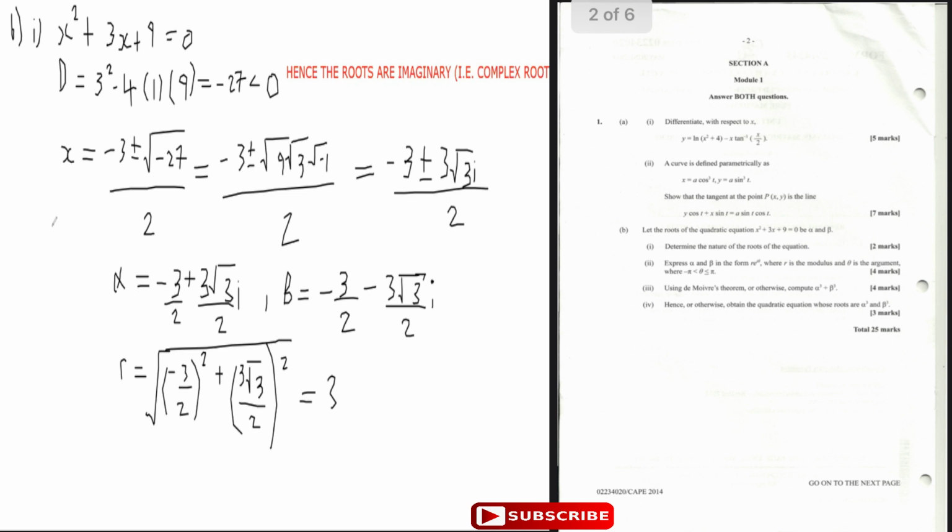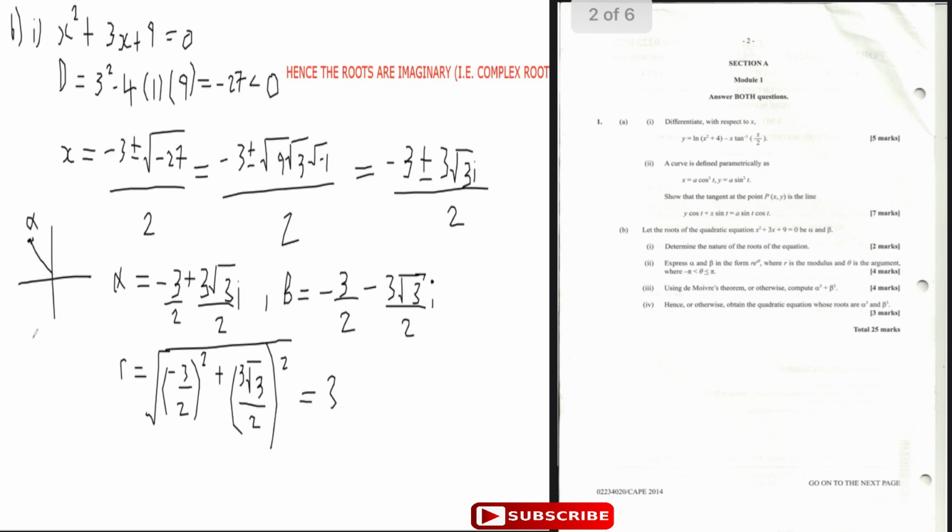If you were to sketch this, remember complex roots occur in conjugate pairs, so they're going to be in different quadrants. For alpha, minus 3 over 2 plus 3 root 3 over 2 i, x is negative and y is positive, so alpha is in the second quadrant. For beta, minus 3 over 2 minus 3 root 3 over 2 i, x is negative and y is negative, so that's in the third quadrant.